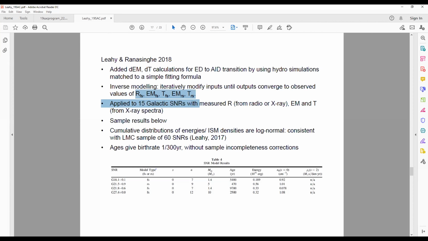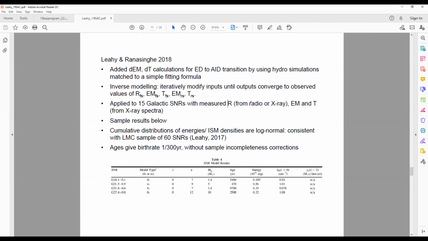All of these can be obtained from X-ray observations, or if you have radio observations for a filled-center supernova, you could use radio to get the forward shock radius. So basically, if you don't have X-ray observations, you really can't determine, not with this code, and I don't think you can with any other code, the age or evolutionary state of a supernova remnant.